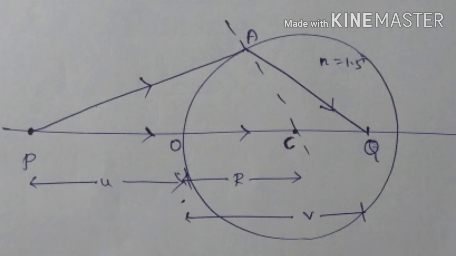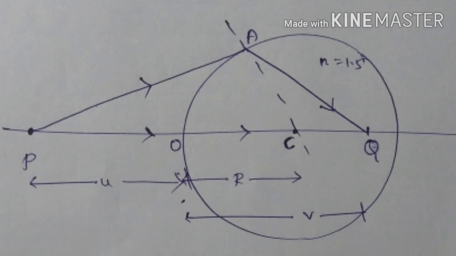When the incident ray hits at point A, refraction occurs due to the variation in the refractive index. The refractive index of the medium where our object is lying is less compared to the refractive index of the medium where the image is formed.